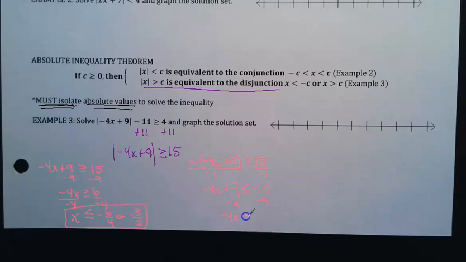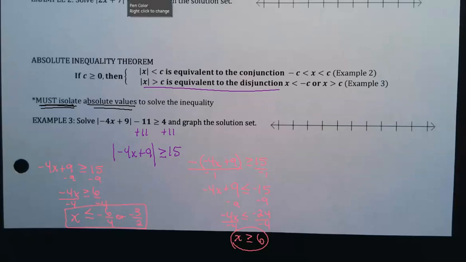Negative 4x is less than or equal to negative 15 minus 9, which is negative 24. Divide by negative 4, and we get x, and we have to flip our sign again, is greater than or equal to a positive 6. So it did create extra work by not distributing, because then we had to flip the sign twice. So it truly is up to you, but you need to make that decision each time which one to do.